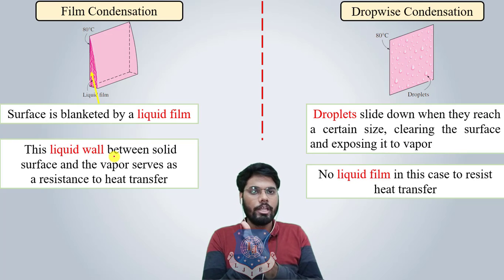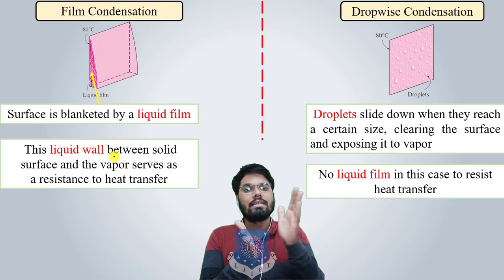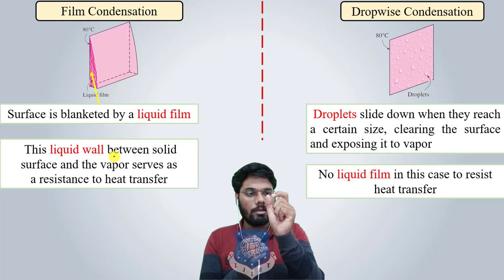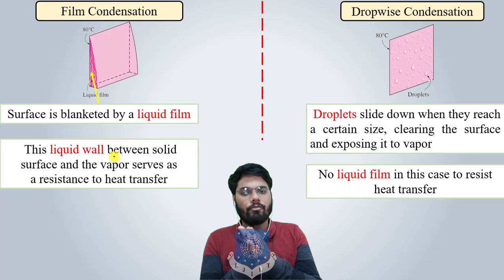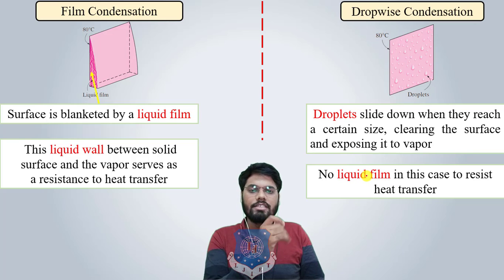First, when there is no liquid film, the surface is directly available to the vapor for condensation. But when some thickness of liquid film is formed, there is a resistance between the vapor and the surface. In drop-wise condensation, there is no liquid film to resist the heat transfer.